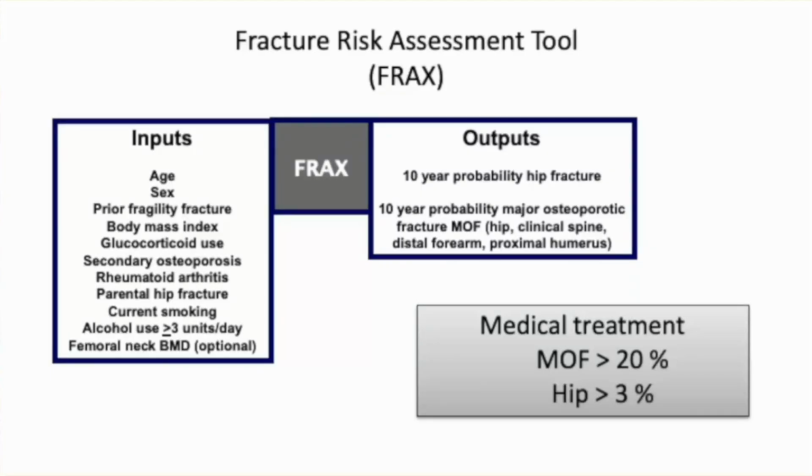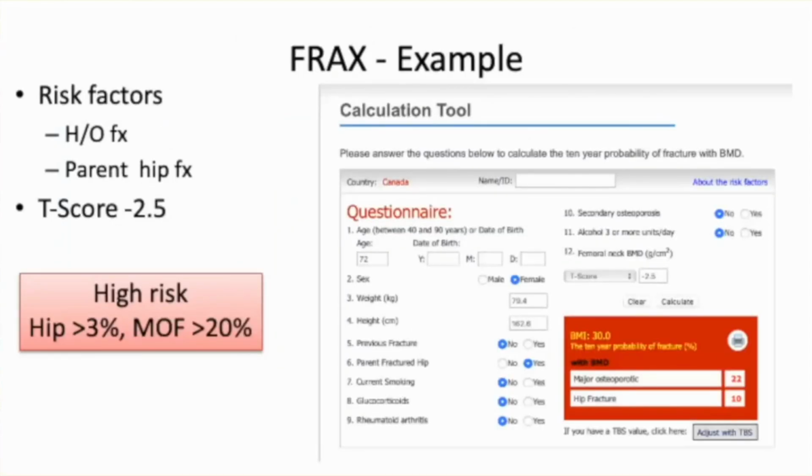In the United States, there are widely accepted medical treatment thresholds that say if you have a major osteoporotic fracture risk of 20% or a hip fracture risk of 3%, these are indications for medical treatment. Just as an example, this is one of my patients, a 72-year-old female, a little bit overweight, with only one risk factor: her mother had a hip fracture.